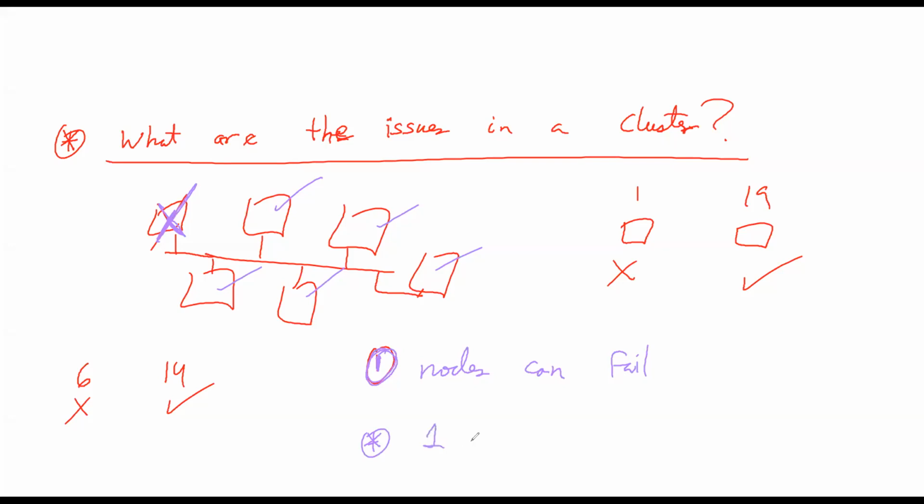You have 1 failure per day if you have 1,000 servers, let's say. That statistic can change, but it gives you an idea, right? So imagine if you have 1,000 computers that you're dealing with, one of them is going to fail every day, on average.